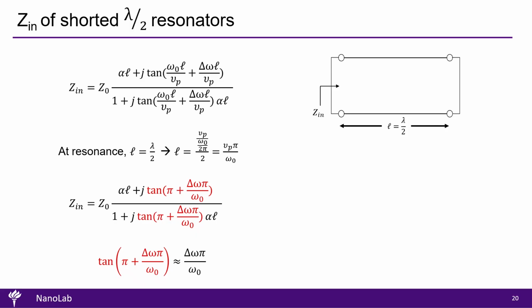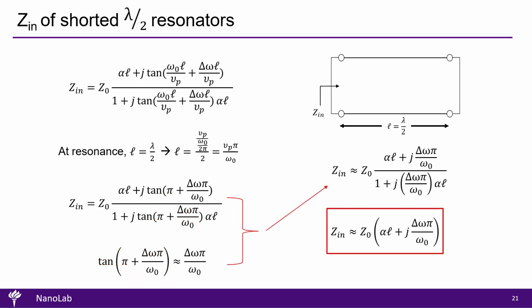Since delta omega is small, we can approximate the tangent of pi plus delta omega pi divided by omega 0 as simply delta omega pi divided by omega 0. This leads to the compact expression for Zin shown in the red rectangle. Notably, this expression for Zin is in the same form as the equation of a series RLC lumped element resonator operating near its resonant frequency.